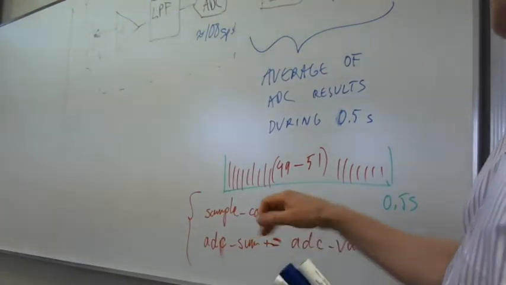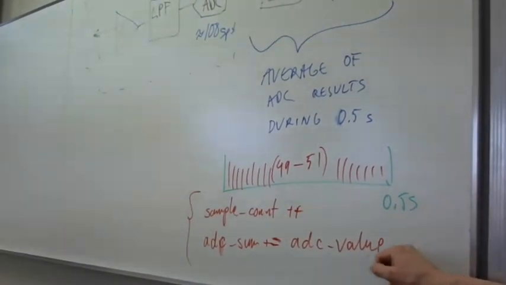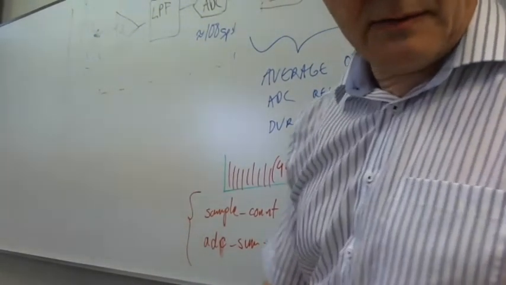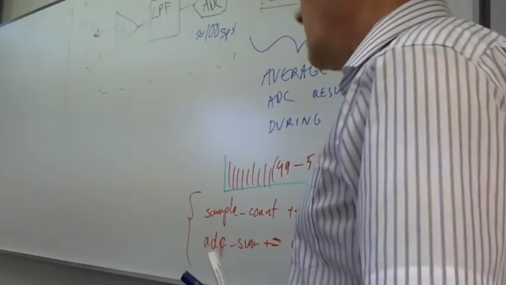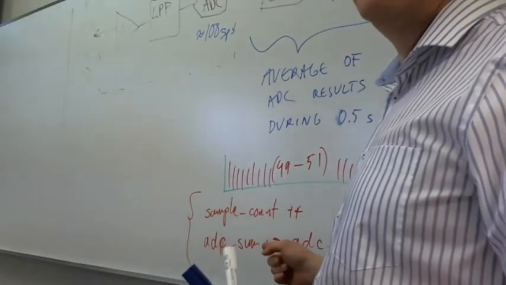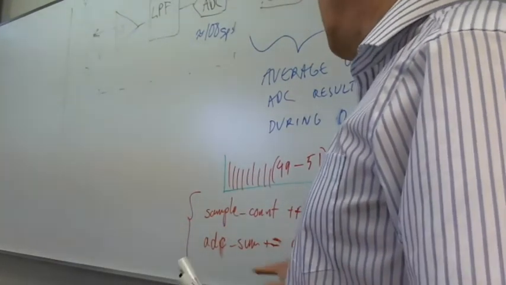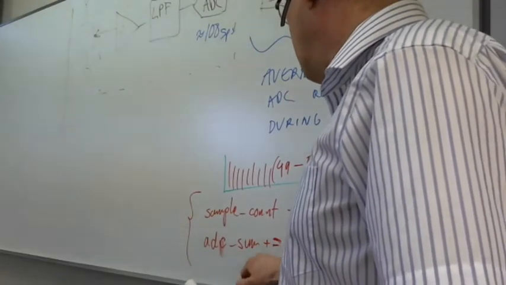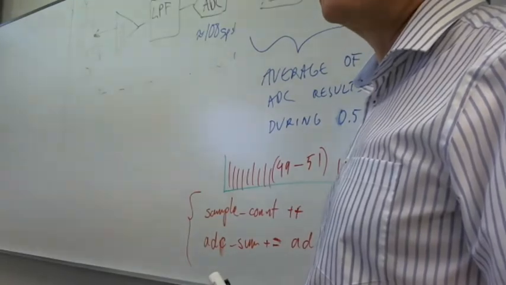So I would say this takes a few microseconds to calculate. The addition usually takes more than that, especially since we do not have the native word length here. So we have an 8-bit processor.